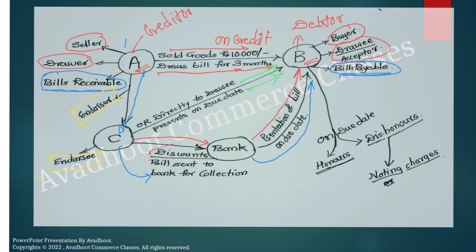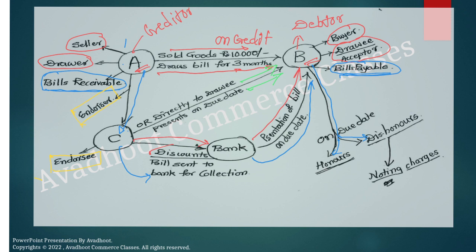Now, there is an option for Mr. B that on the due date, Mr. B may honor the bill or he may dishonor the bill. Very simply, honoring of the bill means Mr. B makes the payment either to Mr. C or to the banker, anybody else. Then there is no problem.